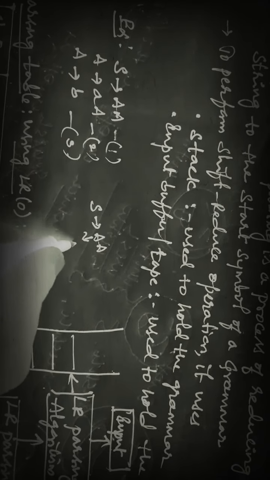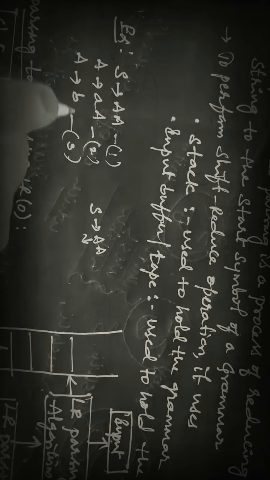Here I am going to generate S implies AA. There are two variables and this variable has two productions, so you can use any one of the productions. In order to increase the length of the string, I am going to use the production AA, and this A remains as it is.